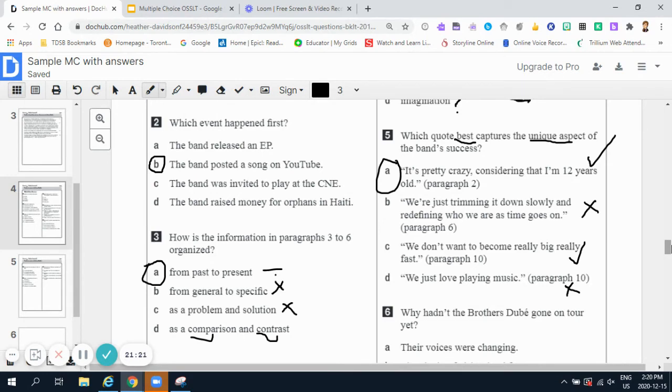We don't know for certain. There's more than one possible answer, but we're picking the best answer. We're making the strongest inference, something we could find evidence for. It doesn't talk that much about this in other places in the article, so we don't know too much about whether that makes them unique. It does talk about how young they are multiple times, so that's why that is an inference question. Okay, and number 6.